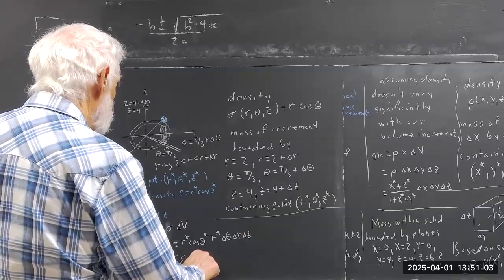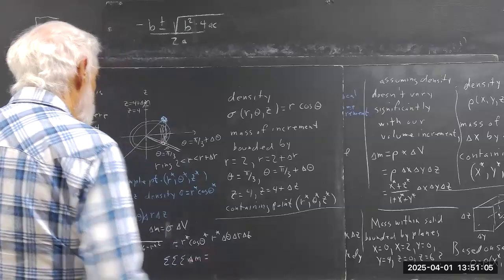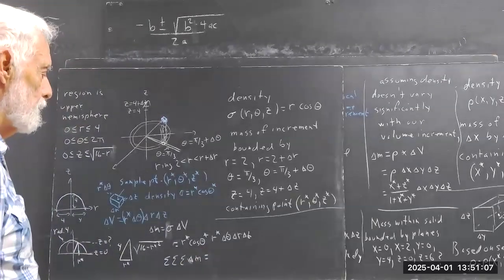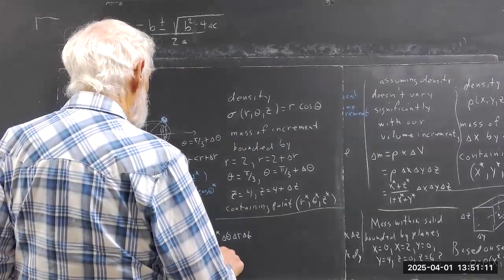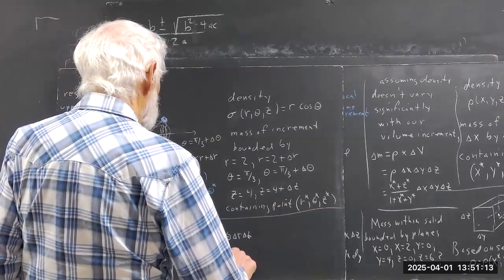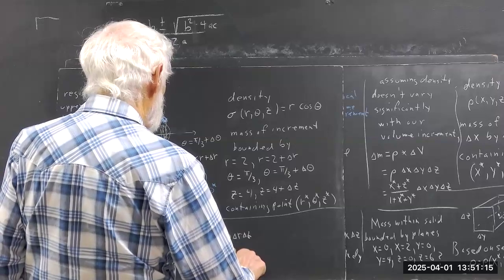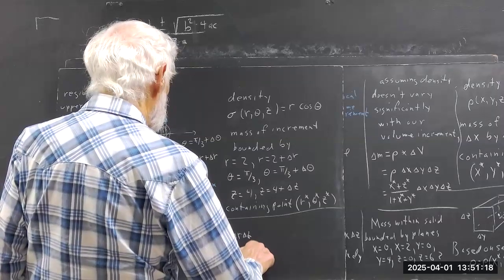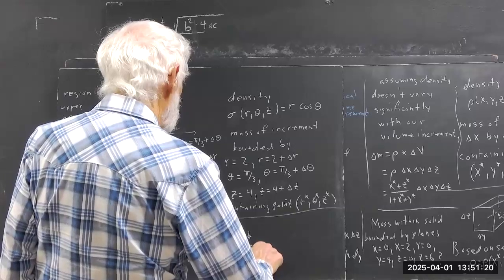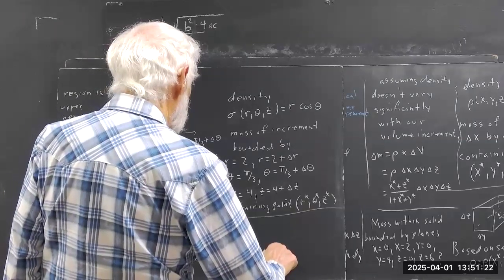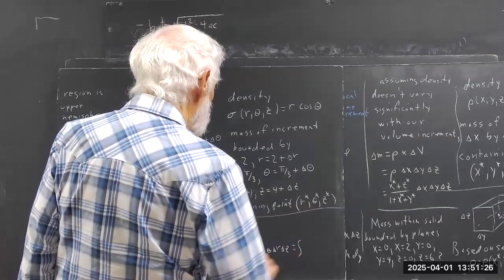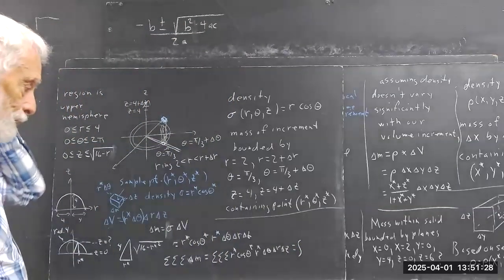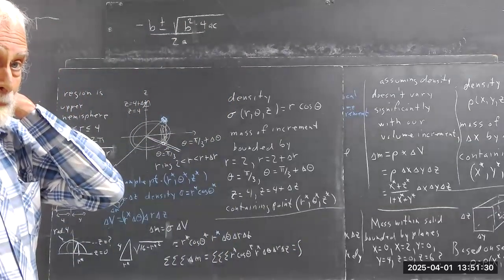Sum of all my delta M's is the triple sum of R star cosine theta star R star delta theta, delta R, delta Z, equals the integral. Okay.